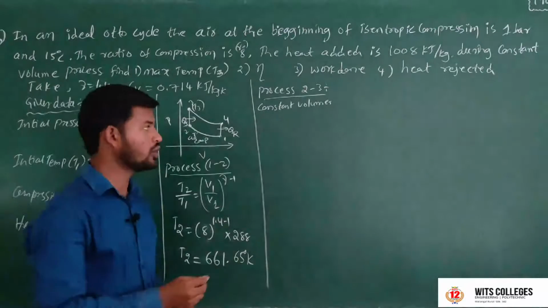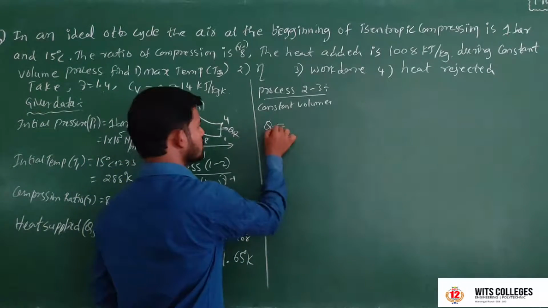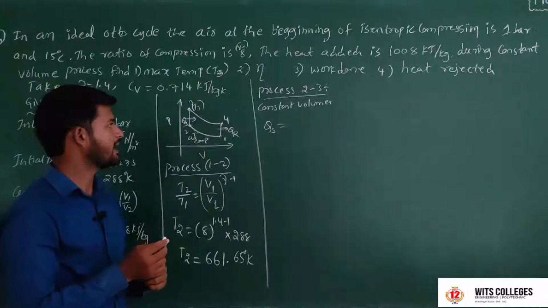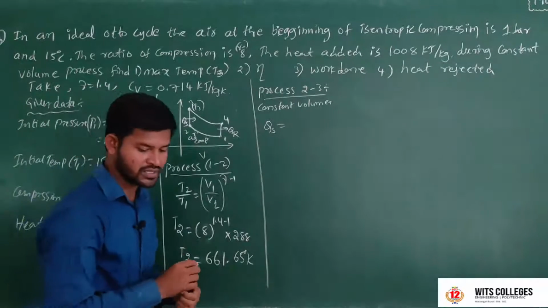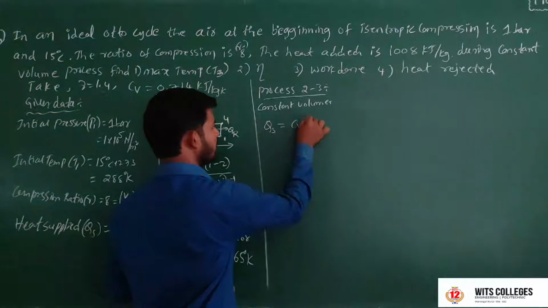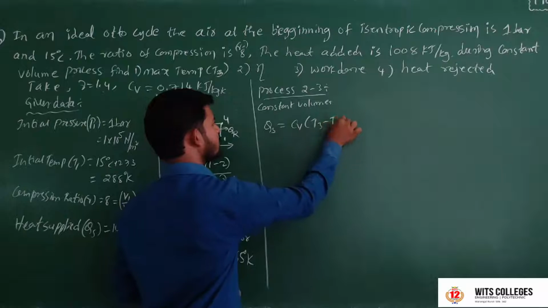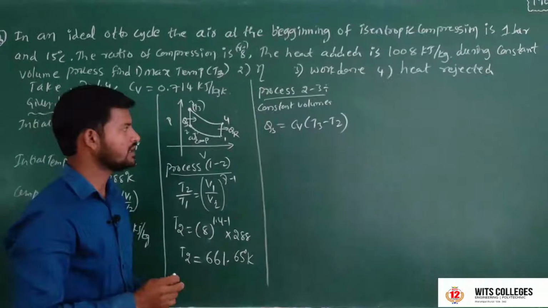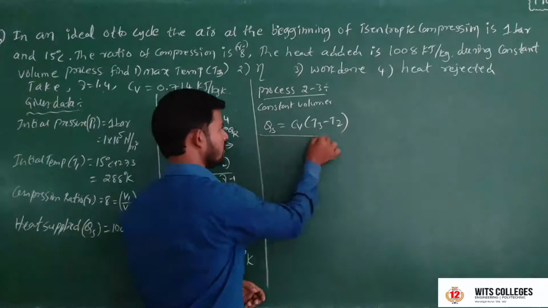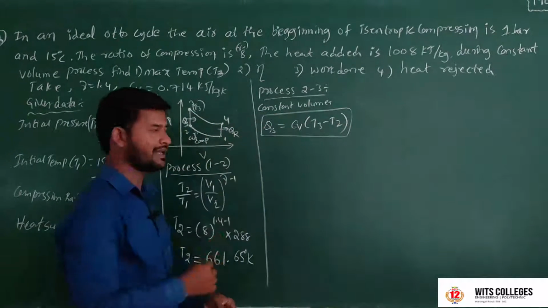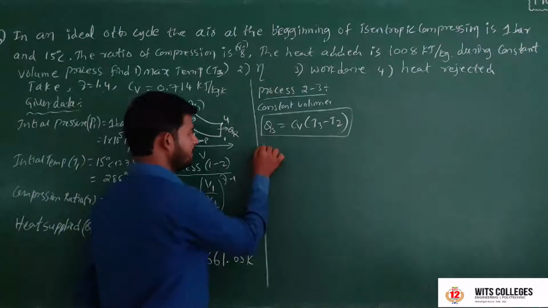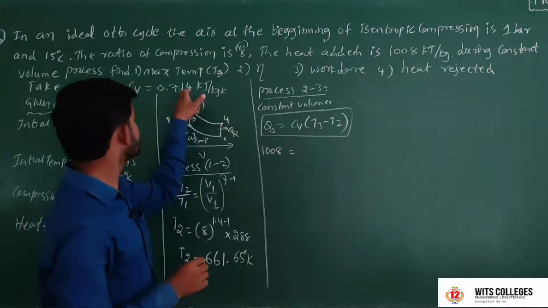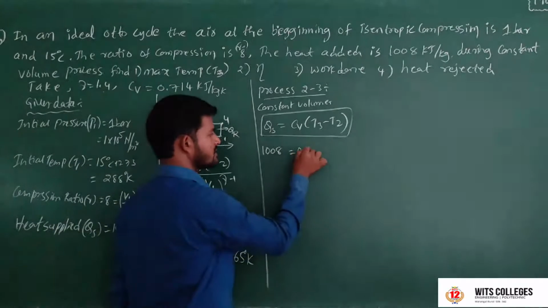Here we know the heat Q is equal to QS, Q supplied. In the 2 to 3 process we are adding some amount of heat, that is QS equals CV into T3 minus T2. From this we find out the T3 value. Q supplied is given, that is 1008, and CV value is given, 0.714.